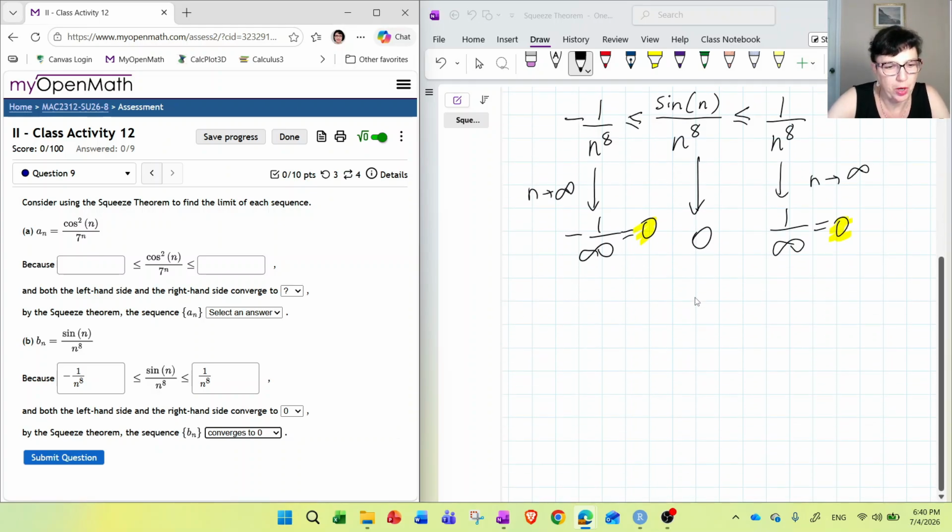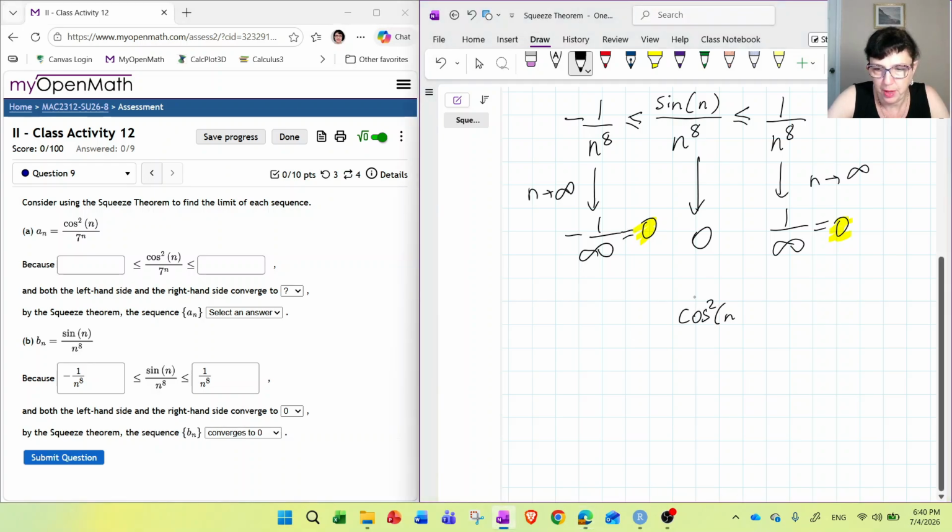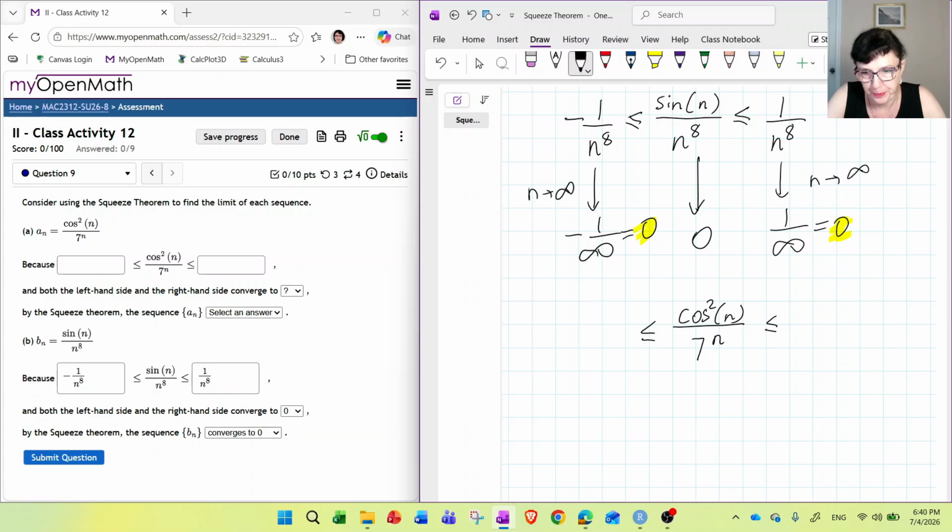So we're coming back to part A, and that one is cosine squared. And again, this thing is going to bounce all over the place, except you have to be careful because it has a square. Any square cannot be a negative number. So even if technically the earlier bound would be correct, it's not the best you can do.